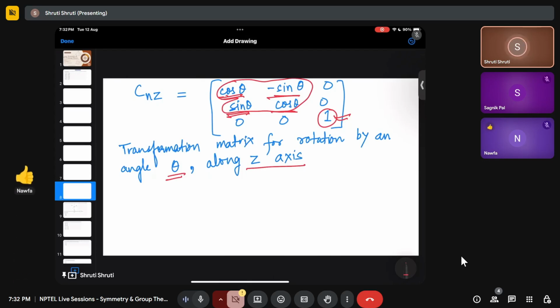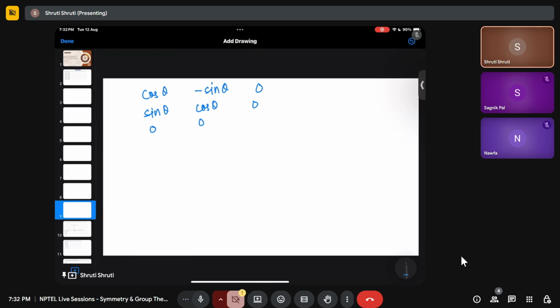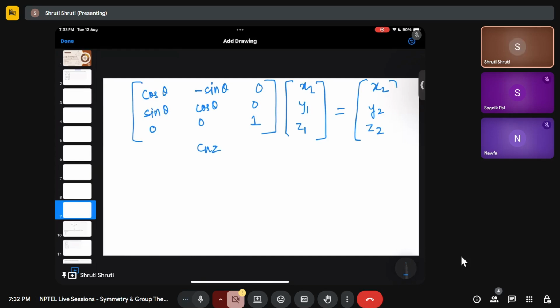Now if this was your rotation matrix, this is your transformation matrix, CNZ. What if you want to transform any point x1, y1, z1 to a new coordinate x2, y2, z2, what will you do? You do the matrix multiplication.